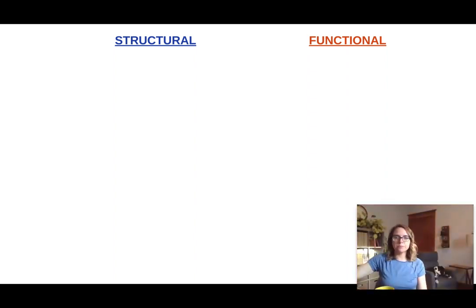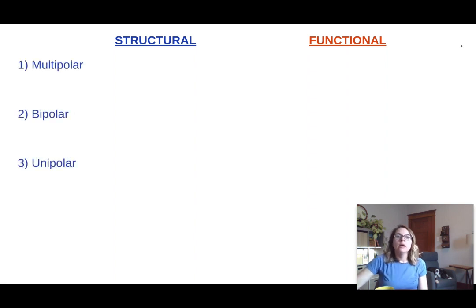Just like when we made our graphic on the back of how the nervous system works, we talked about the structural and functional differences in the organization of the nervous system. So giving yourself a little bit of space, because we're going to add some more things in here, about at least 2 lines of writing space in between each one, write each one of those neurons down. So the multipolar we called number 1. Let's keep those numbers consistent. The bipolar was number 2, and the unipolar was number 3.